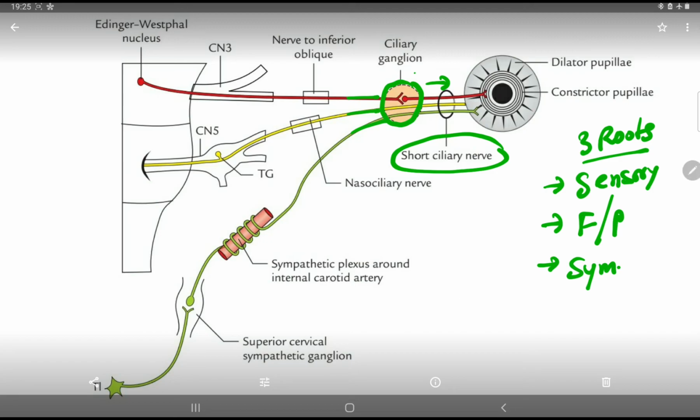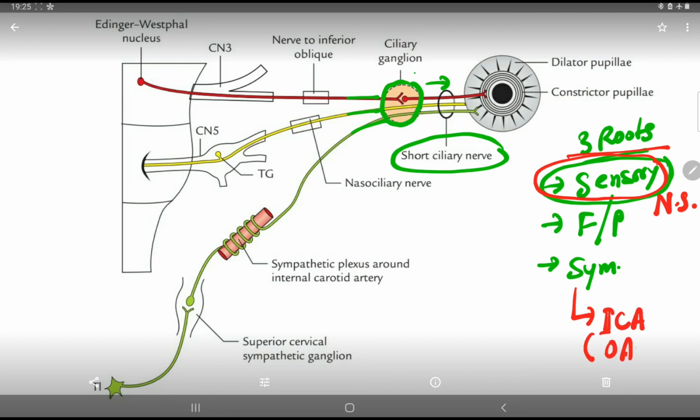Obviously the ciliary ganglion has one nerve forming the sensory component. And what is this nerve? This is the nasociliary nerve. And there is one sympathetic plexus along the internal carotid artery, or more precisely sometimes the ophthalmic artery.